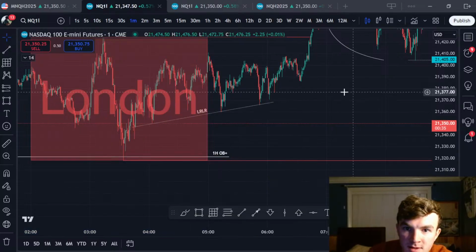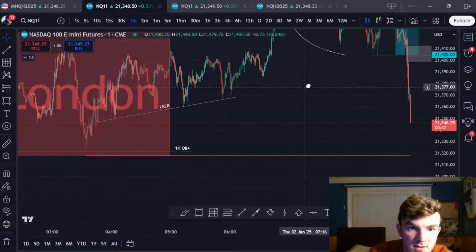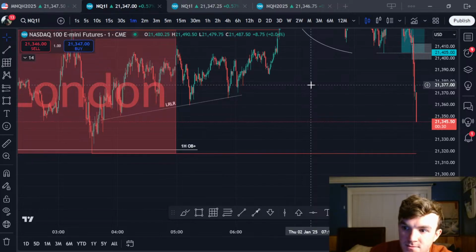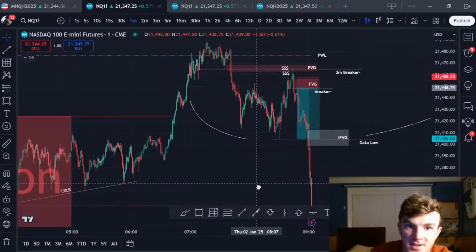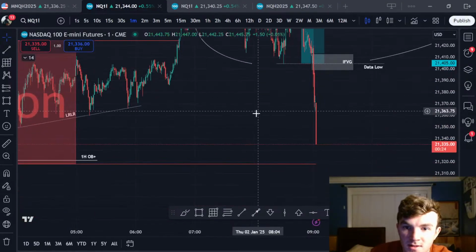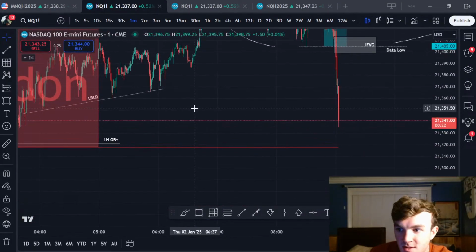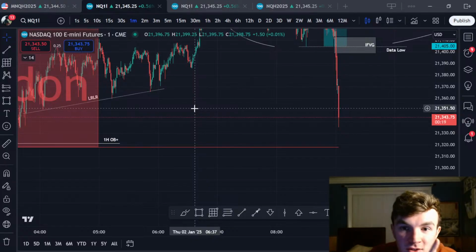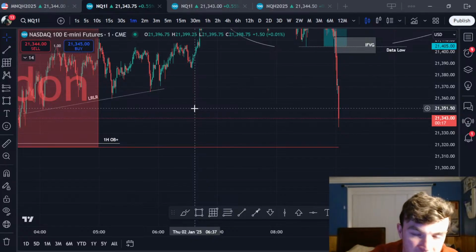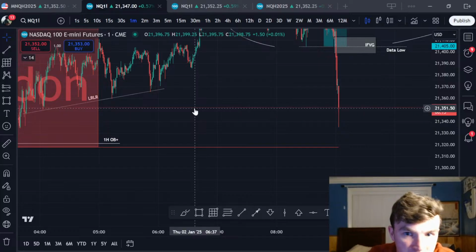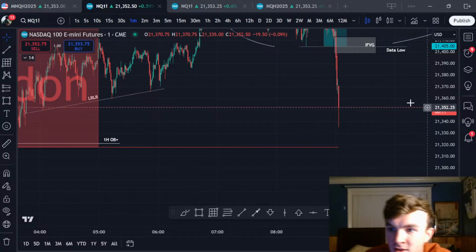But it's also possible that, yeah, I don't know, it's also possible that it changes its mind here. This is so interesting. This is going to be a good day to backtest and review because not many days are like this where you push into a key level in London and then you reverse and go take that out.